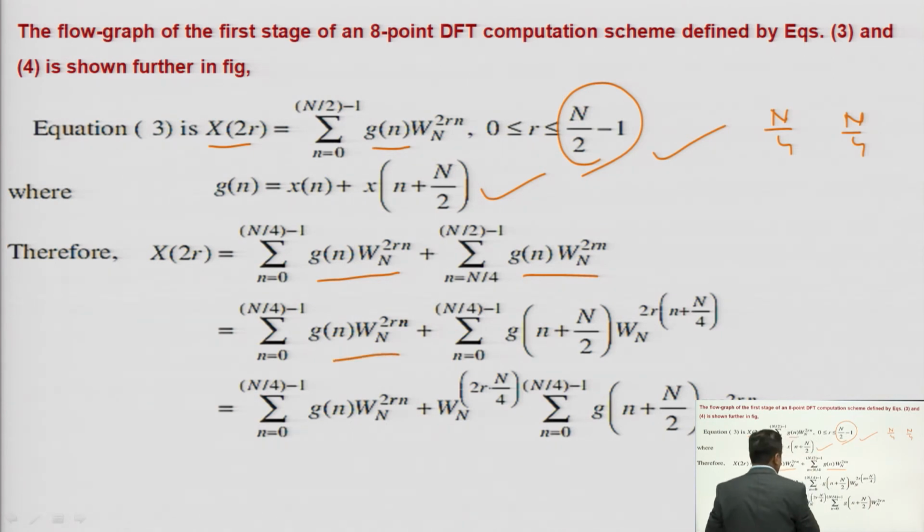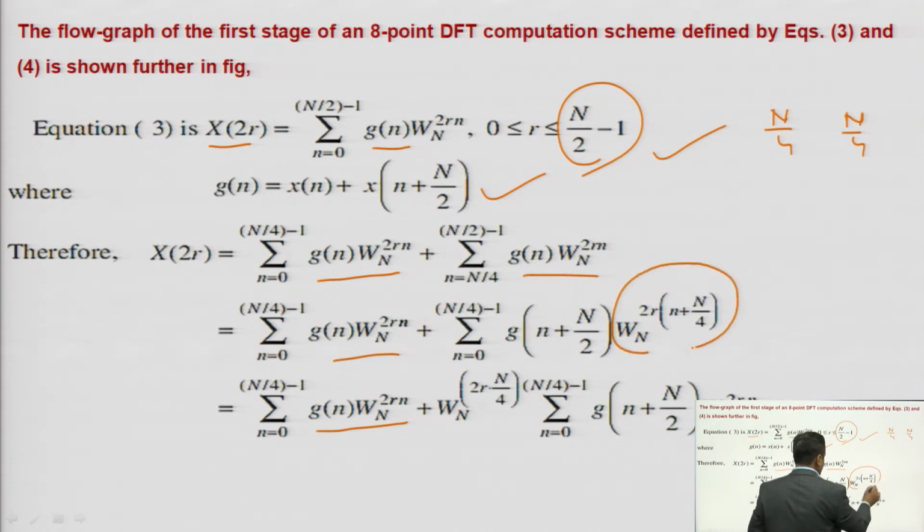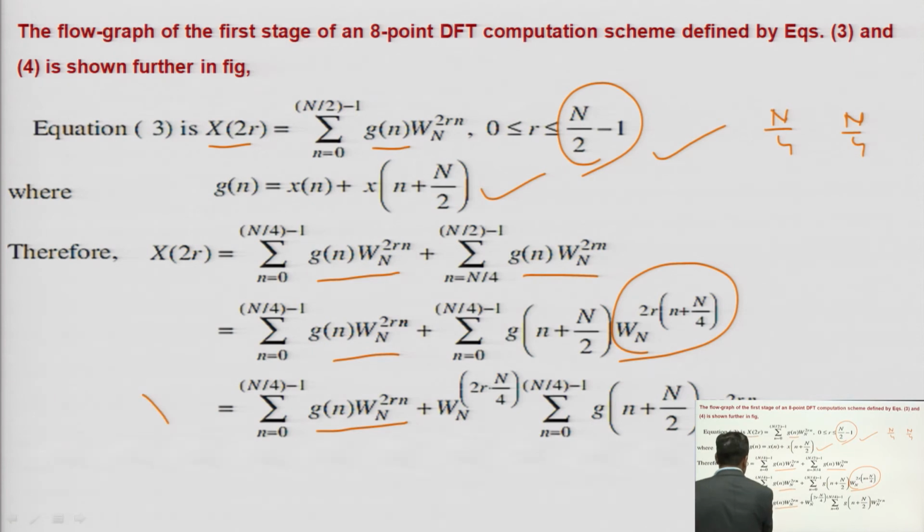This is same, and this will be g n plus n by 2 W n 2 r n plus n by 4, because you know here it shows the symmetry and periodicity property also, okay, in DFT. So, n by 4 minus 1 g n into 2 r W n 2 r n, and again this twiddle factor, okay, two terms you will get here, and you have to decompose these two factors and combine the equation here. So, this you are getting for the x of 2 r.